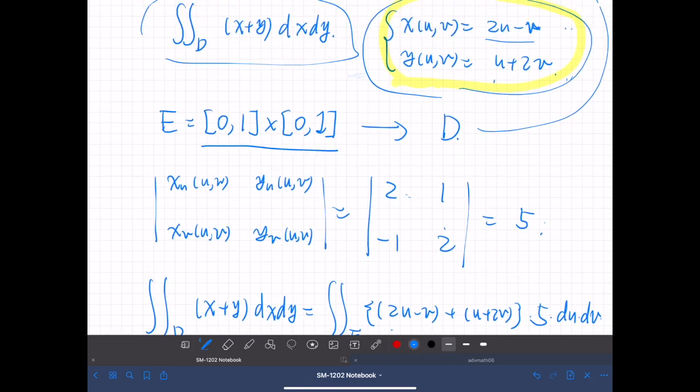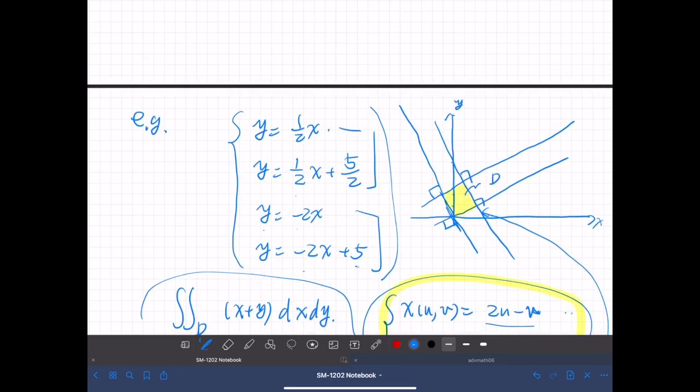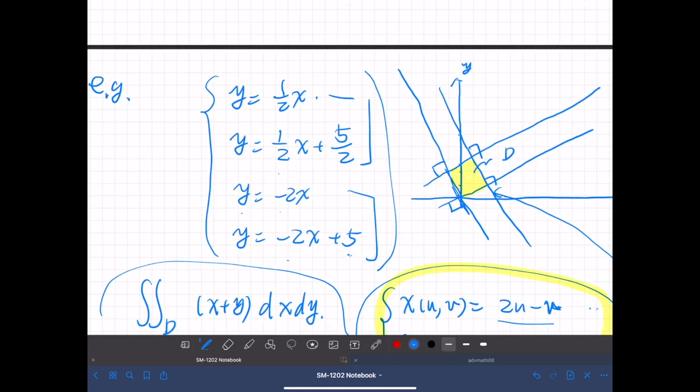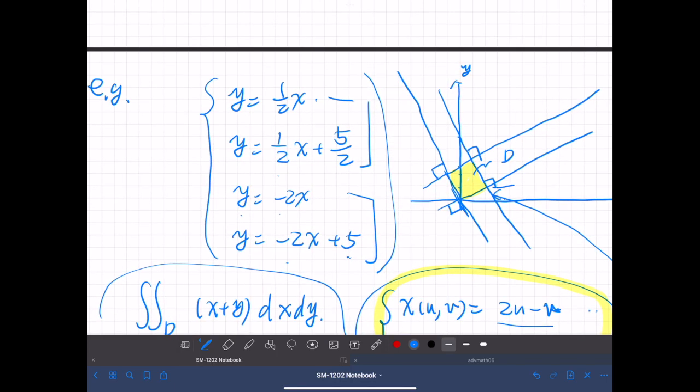So in this example, if we calculate these intersections, this point has the coordinate, you should try to calculate this, (2, 1), and this point would be (-1, 2), and this point is (1, 3). Of course, this is the origin.